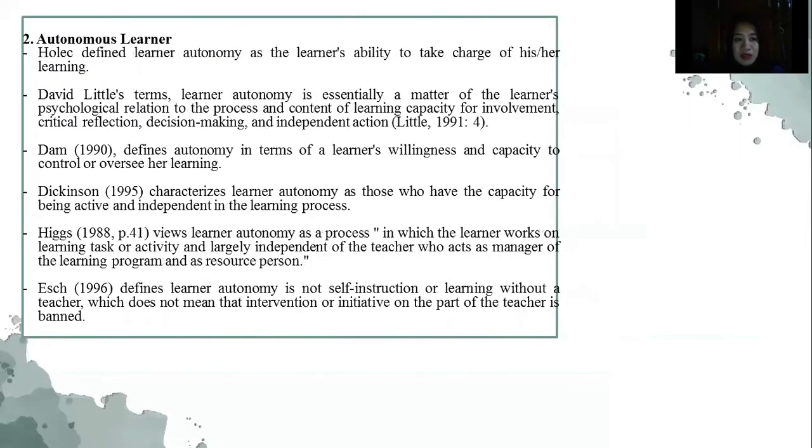Second, autonomous learner. Based on Holek, learner autonomy is defined as the learner's ability to take charge of his or her learning. Other writers since Holek have modified this definition in part depending on whether they see learner autonomy as a means to an end or the end product itself.